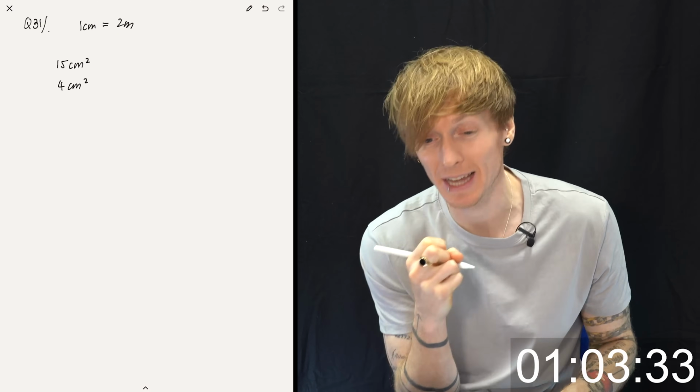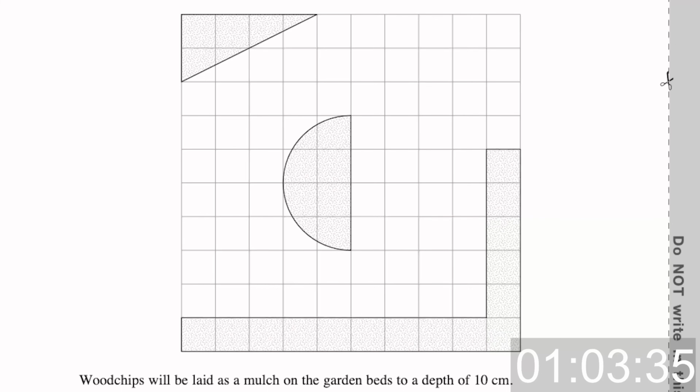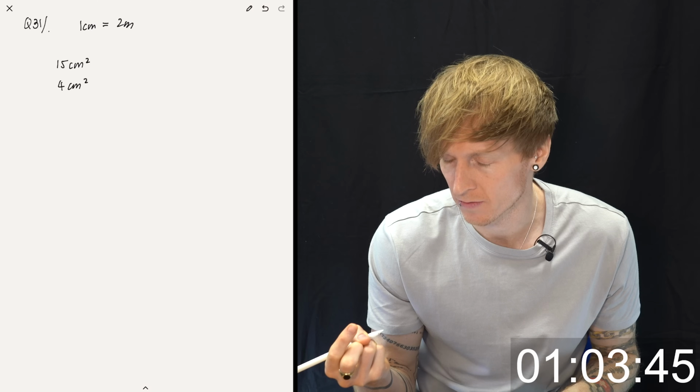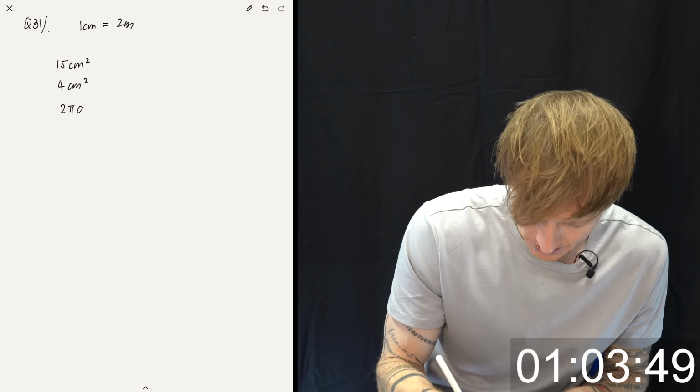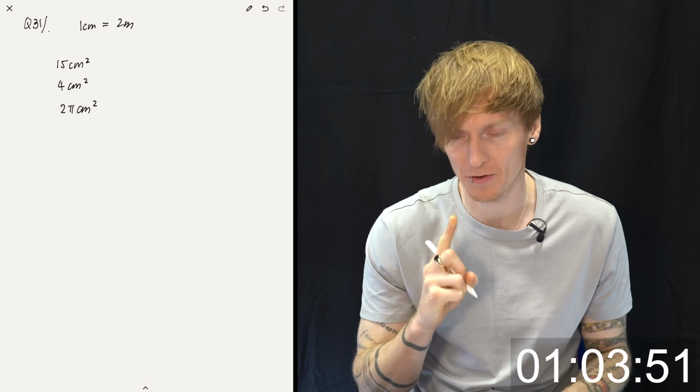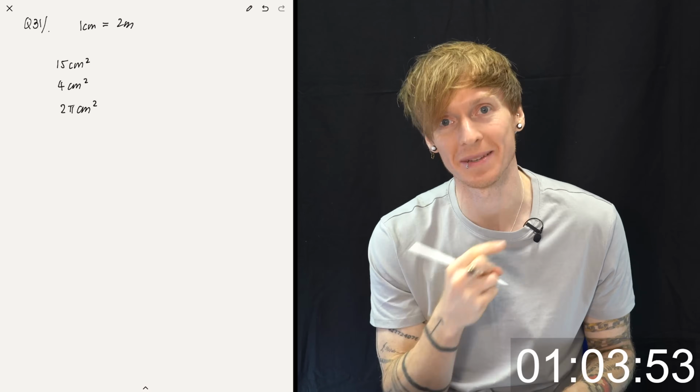And then we have, I'm going to assume it's a semicircle. So it's pi radius squared and then halved because it's the semicircle. So the radius is 2 centimeters. So it's 4 pi divided by 2, so that's 2 pi centimeters squared. Great.